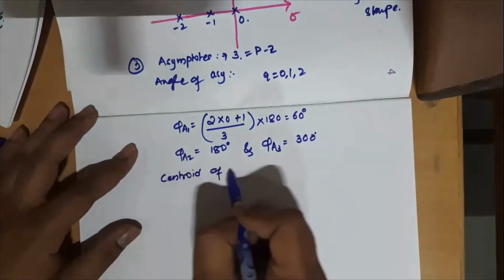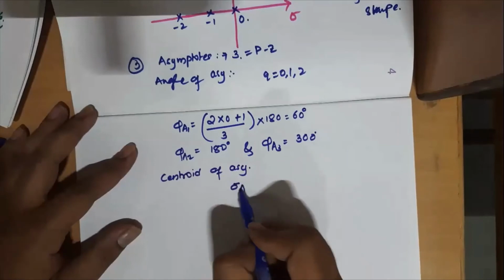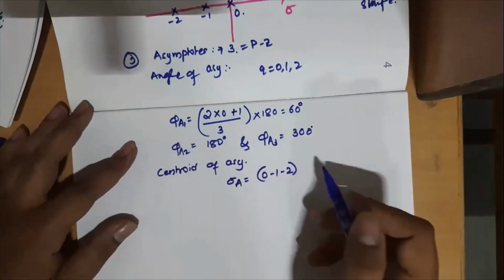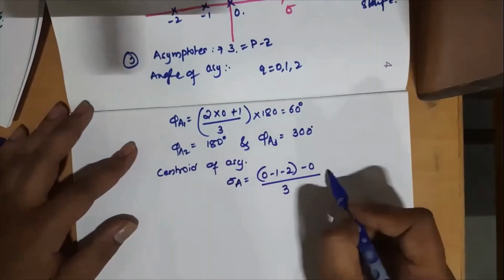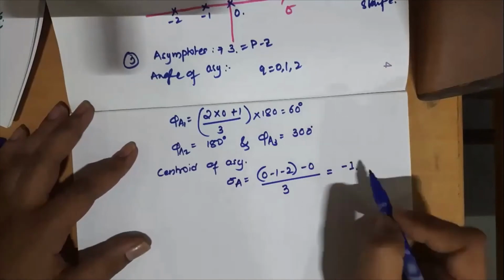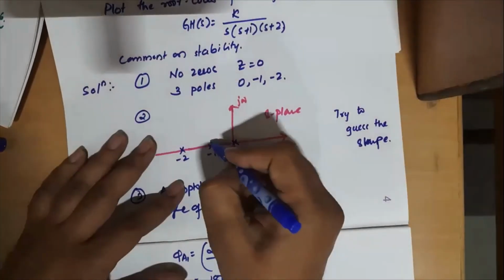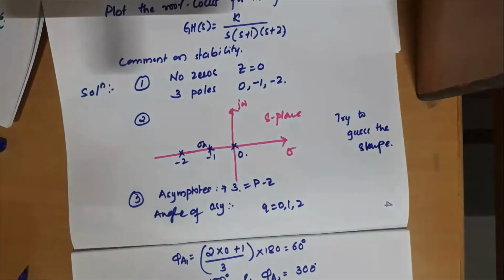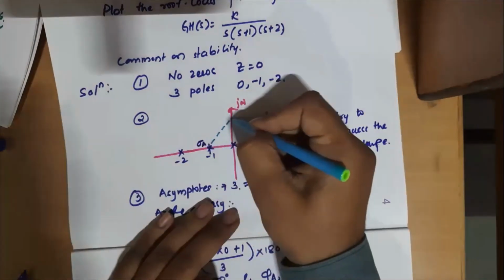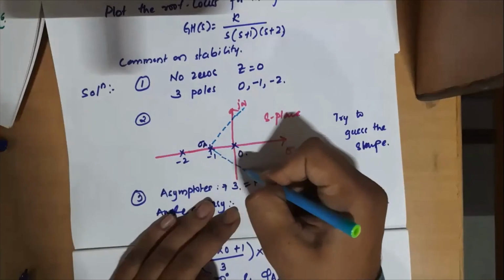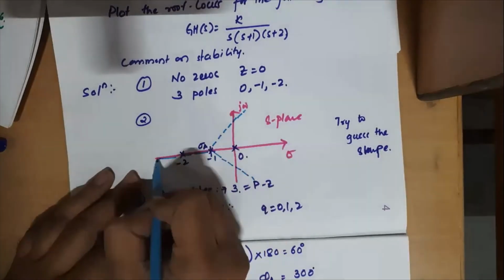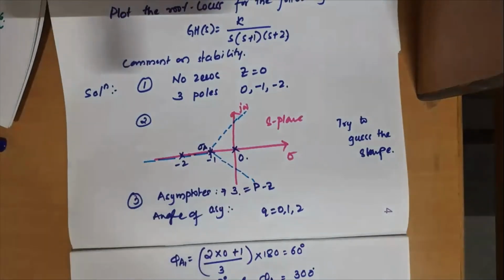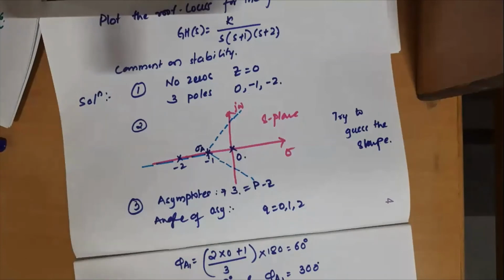And what is the centroid? Centroid will change now because the poles are different. Centroid is 0, minus 1, minus 2, minus 0 divided by 3. So centroid is minus 1. So draw 3 lines from the centroid with 60, 180 and 300. So we are 50% done.